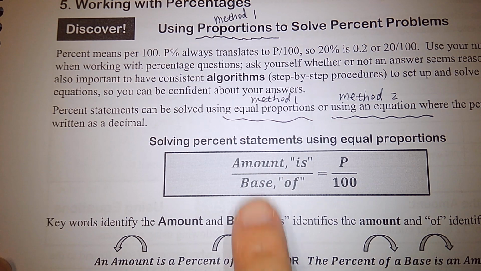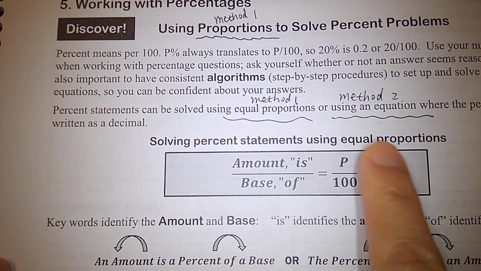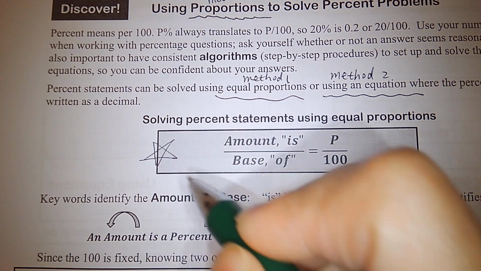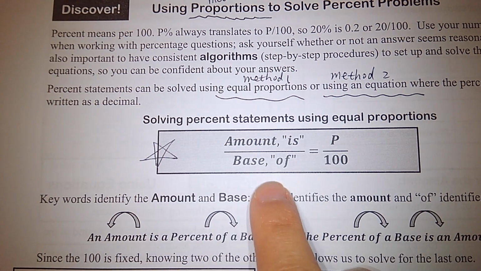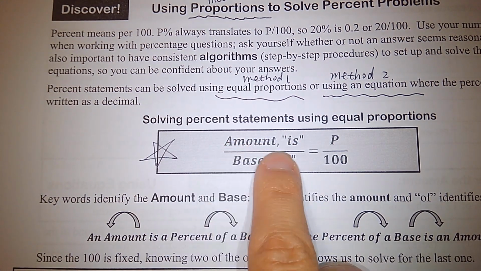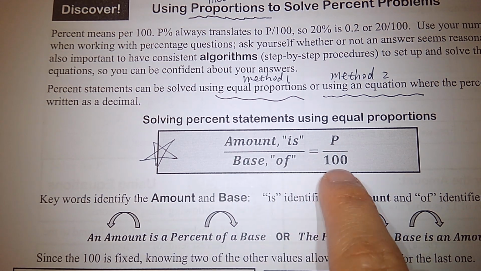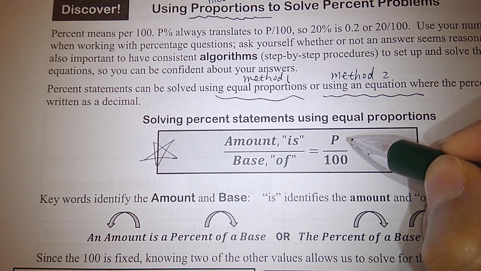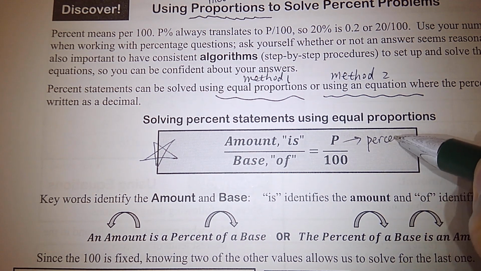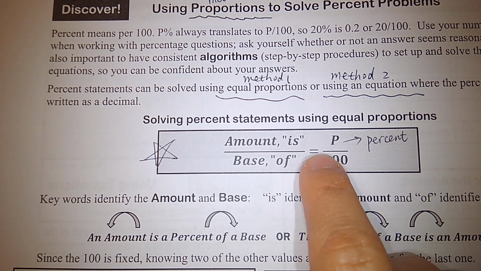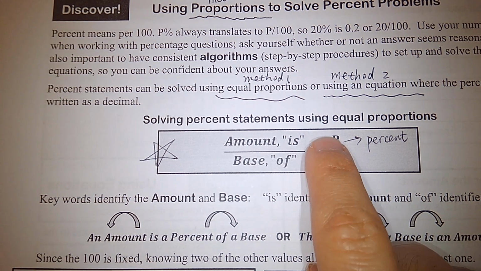How to use a proportion to solve a percentage problem? This is the formula for us: amount out of base equals P out of 100. Here this P is our percent, for example 20% means 20 out of 100.